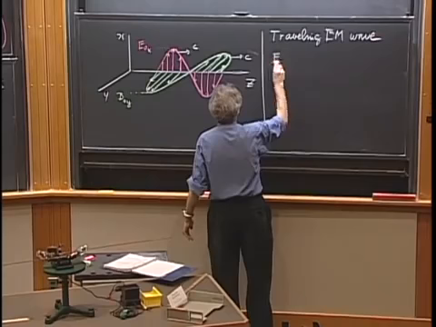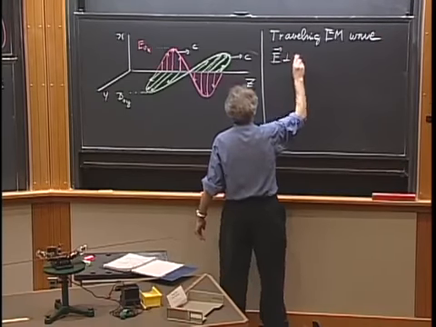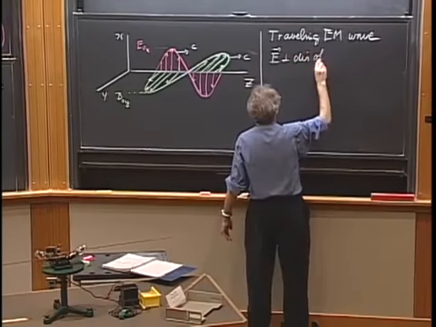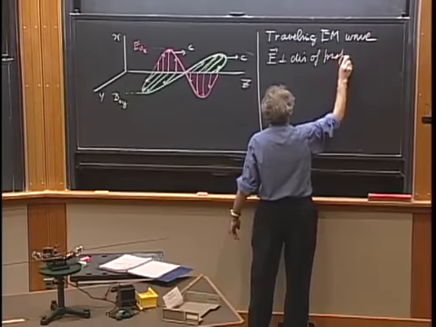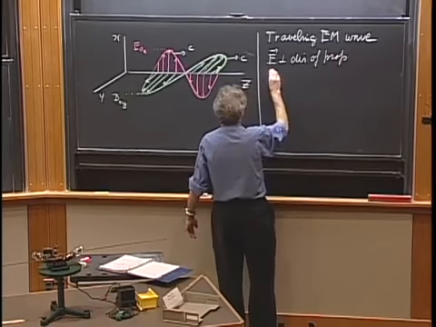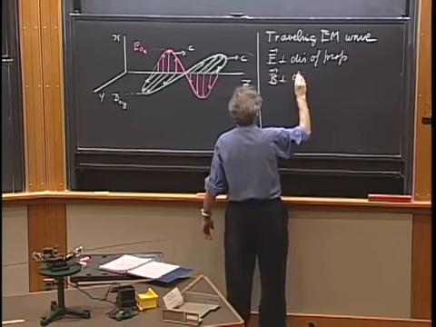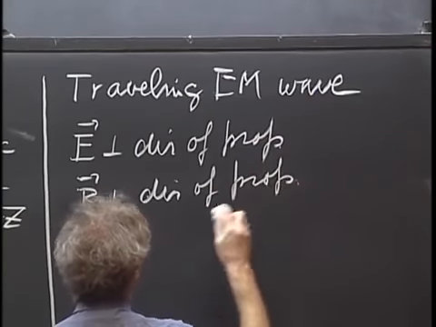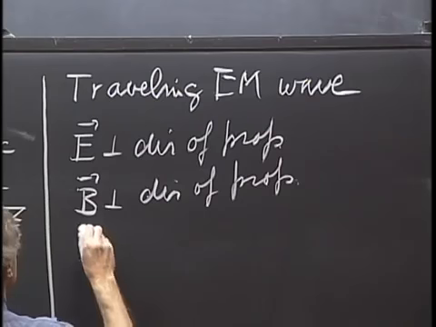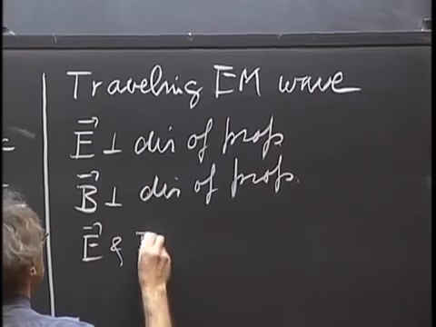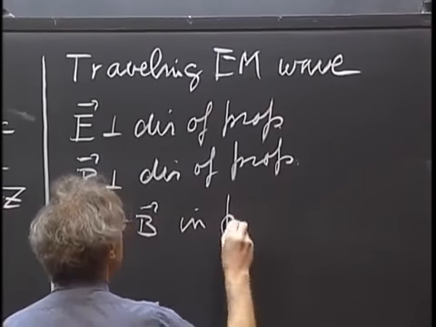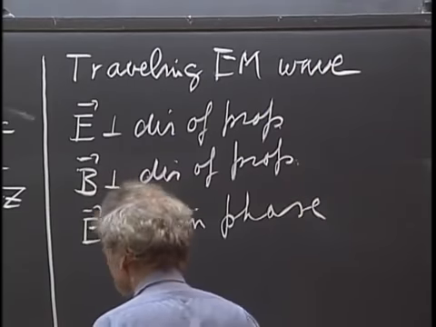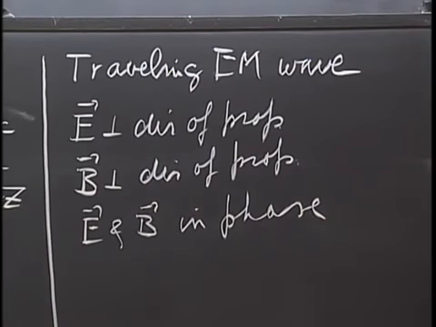The E vector is perpendicular to the direction of propagation. The B vector is perpendicular to the direction of propagation. E and B are in phase. If one reaches zero, the other reaches zero.